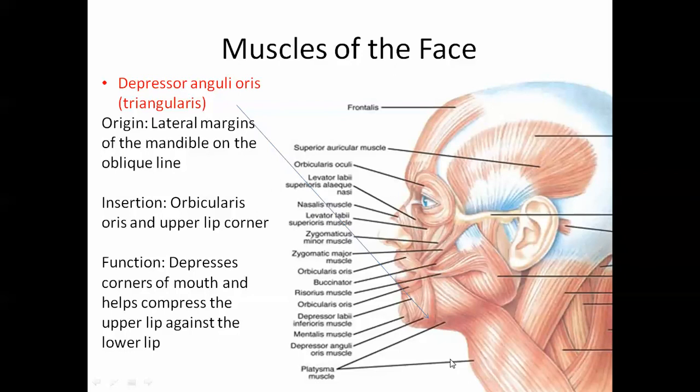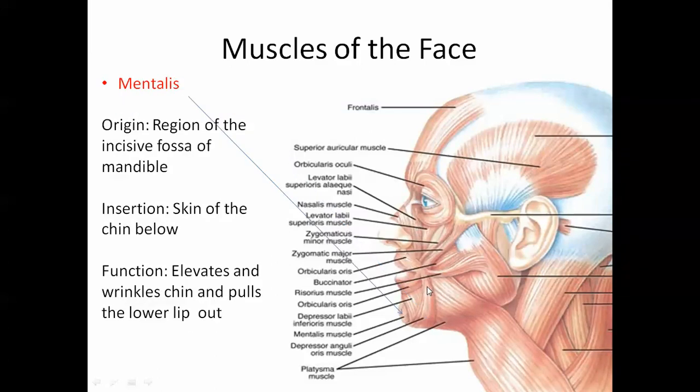All right, and then we have depressor anguli oris. I call this my frowny muscle. It's this guy right here. It's going to depress the corner of the mouth and compress the upper lip against the lower lip. So if you're squeezing your lips together. I call this my bird poop muscle. You guys might not know this analogy, but when I would pout as a little girl, I would stick my lower lip out and wrinkle my chin, like a pouting face.